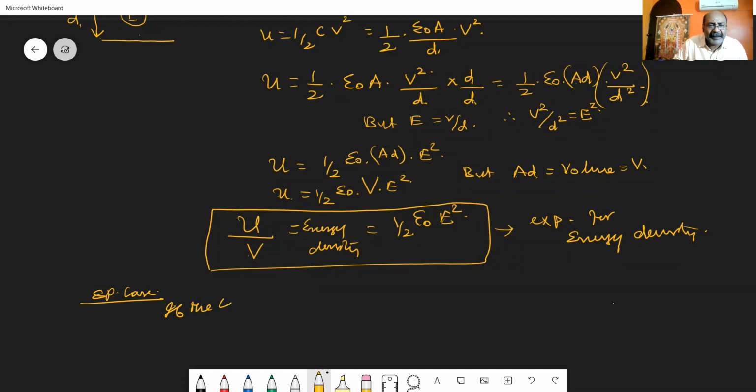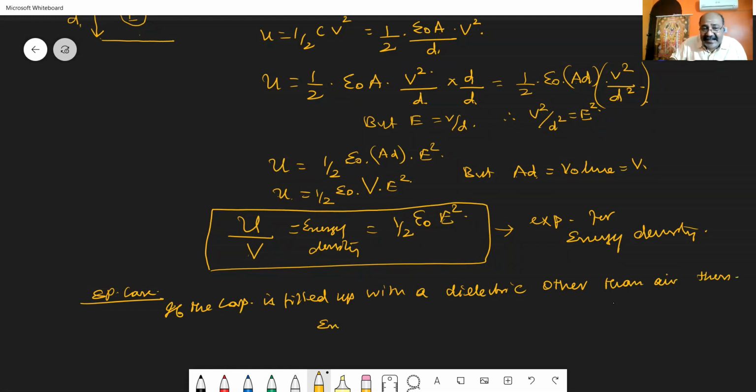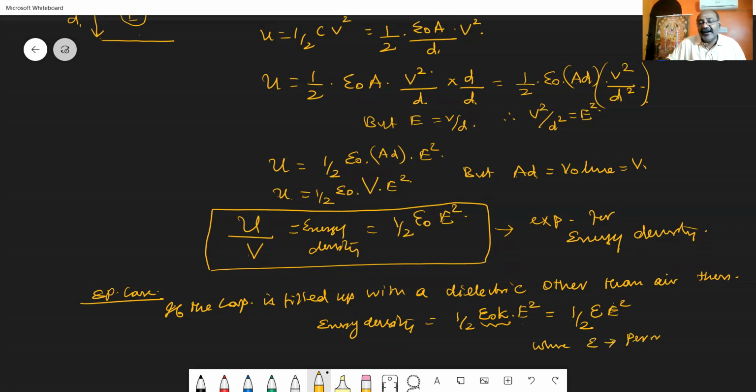If the capacitor is filled with a dielectric other than air, then the energy density is equal to half into epsilon 0 into the dielectric constant K or epsilon R into E square, which can be written as half into epsilon into E square, where epsilon is the permittivity of the medium. Understood?